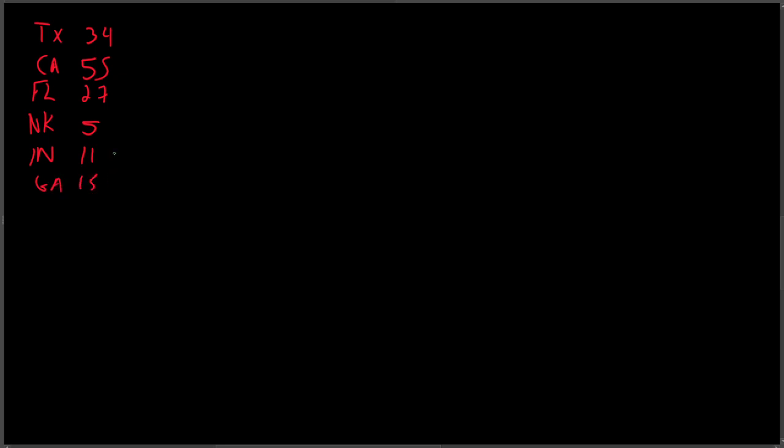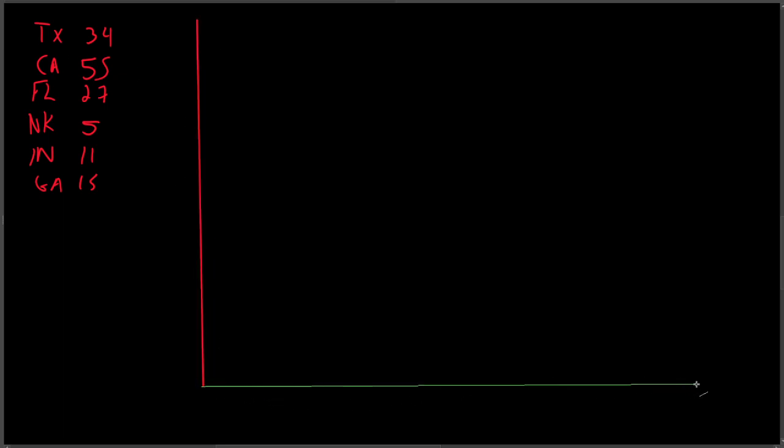And so we have a number of electoral votes. So I need to make a graph that can go up to 55. That's the largest number. So I'll draw my axes. And I'll put tallies.